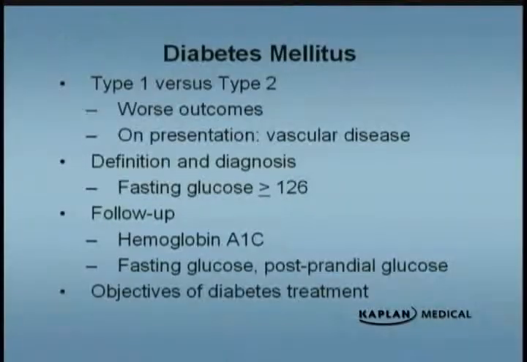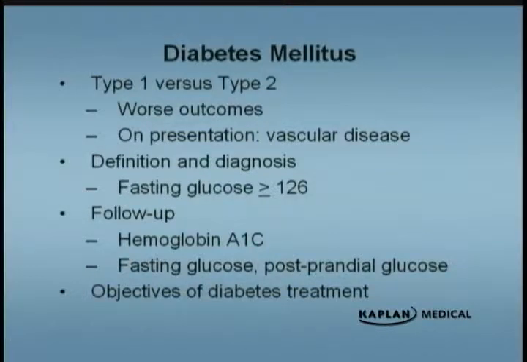In the outpatient setting, when the patient comes in with minimal symptoms or asymptomatic, the diagnosis is done through the fasting glucose. But if a patient comes to the hospital with diabetic ketoacidosis or hyperosmolar hyperglycemia, these patients have diabetes, no question about it. So that's the definition and the diagnosis.